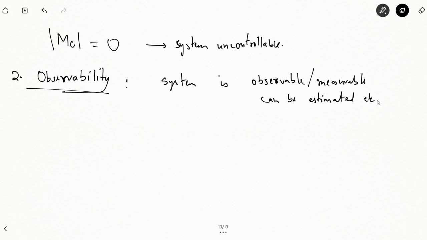Whether the system states can be observed, or they can be calculated, or they can be measured, they can be estimated. Such a system will be known as an observable system, and this property the system will be having will be known as observability. Fine.